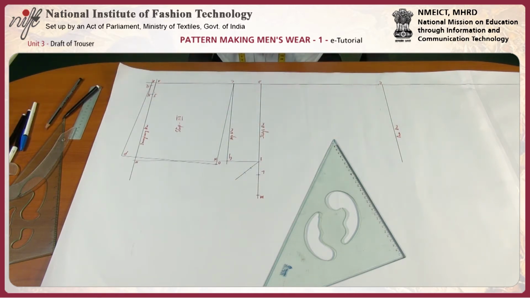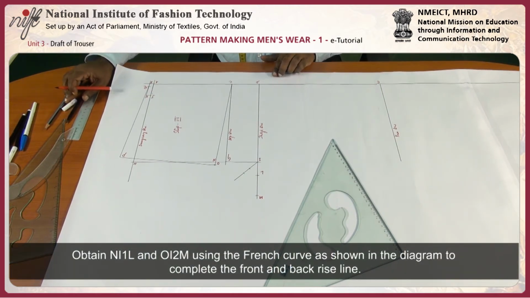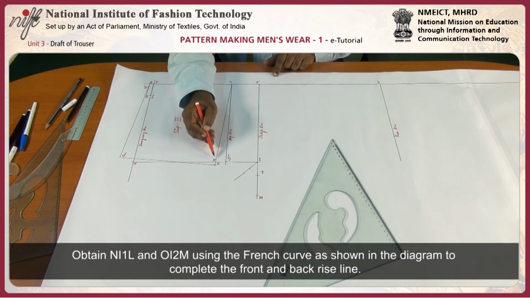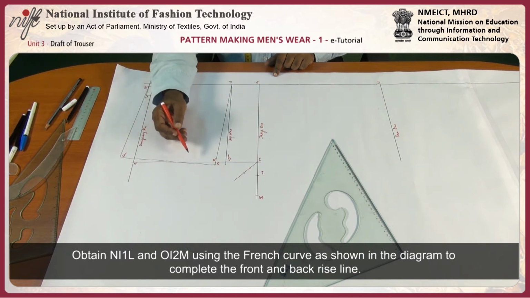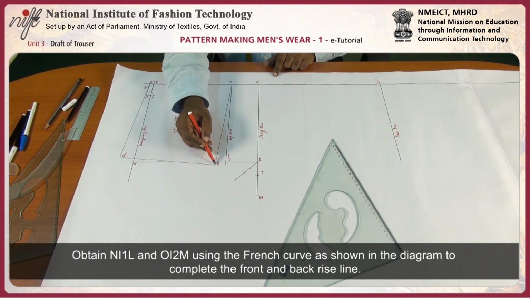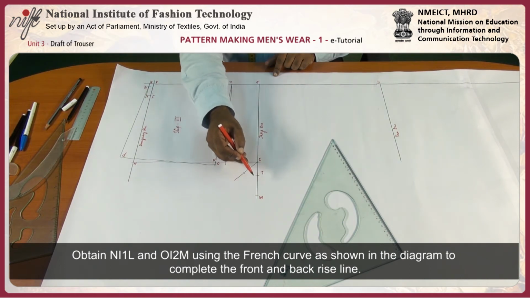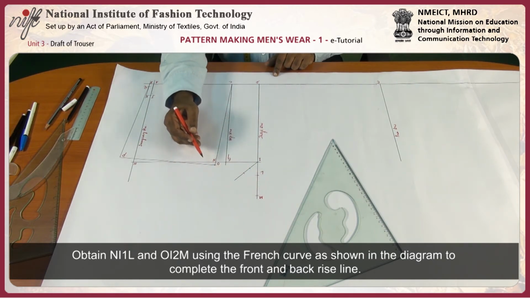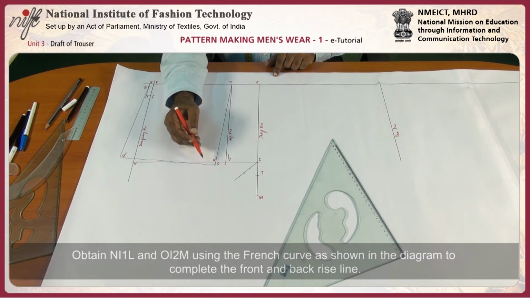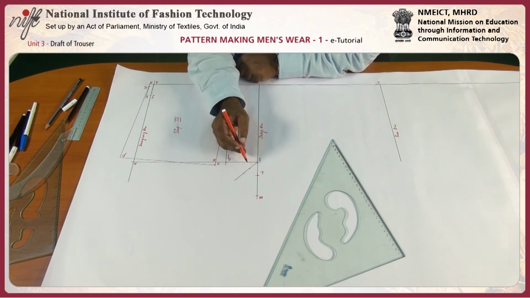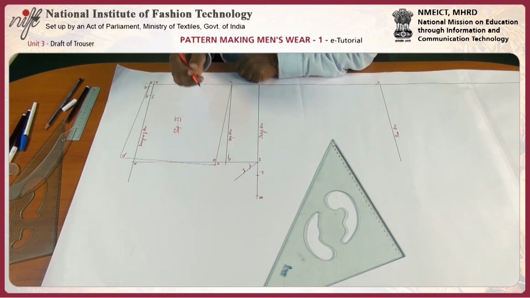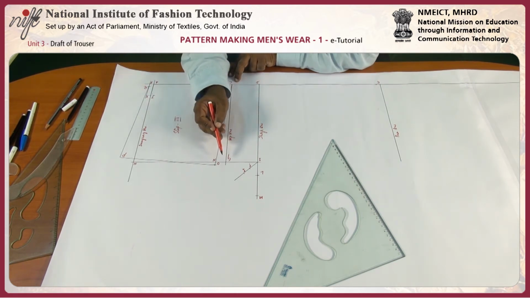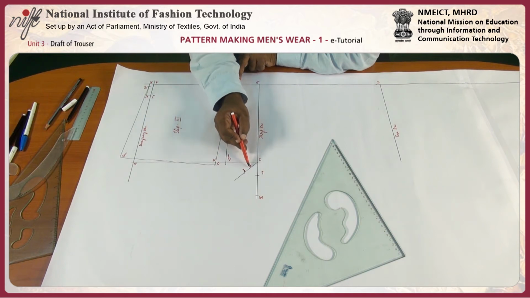A to C, 26 centimeter. Square down. Label B and C. Point B to E, 2 centimeter. Point B to F is also 2 centimeter.